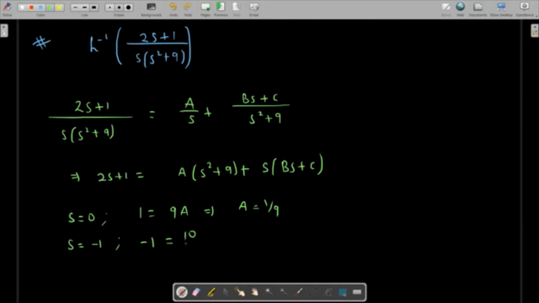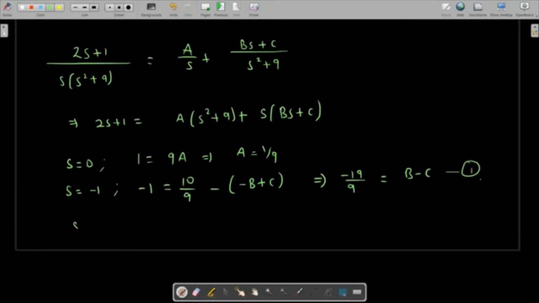So this becomes 10 over 9 plus, in fact, minus of (minus B plus C). So if it is taken over to the left, we have negative 19 over 9 equals minus of (minus B plus C), which can be written as B minus C if you open up the parentheses. Let's call it equation 1.